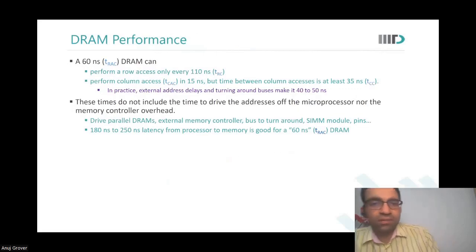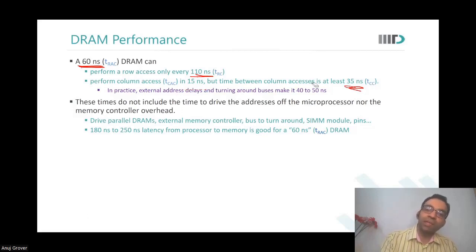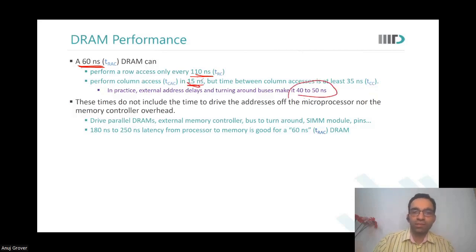Let's just take one sample, the same one that we took earlier. 60 nanoseconds is the TRAC. 110 nanoseconds is the TRC. Column is 15. Then time between column accesses is 35. But in practice, as we just said, there are so many other things that come into the picture. This 15 goes to 40 to 50 nanoseconds. Okay?